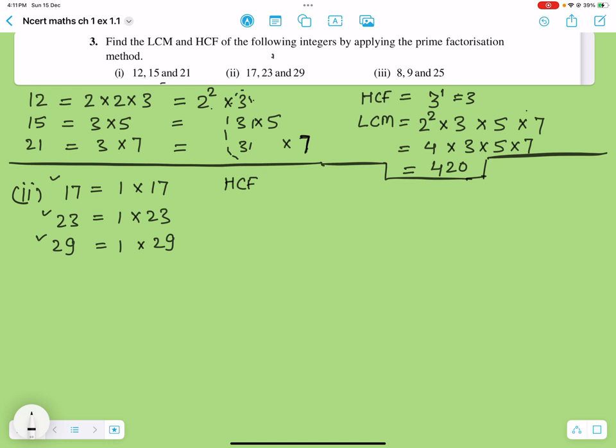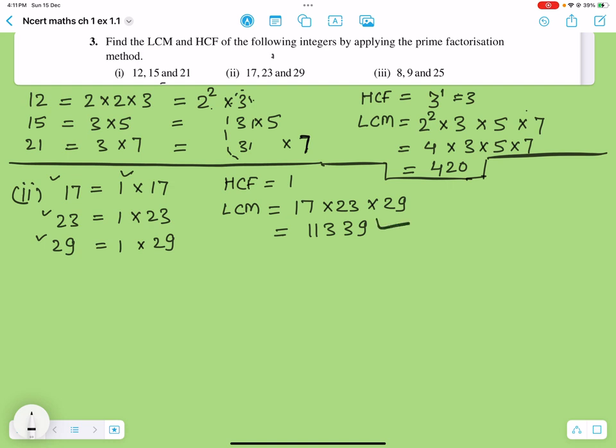So highest common factor is clearly 1, and LCM would become 17 multiply 23 multiply 29. And when you multiply all these numbers, the final number would come as 11,339. So that'll be your answer.